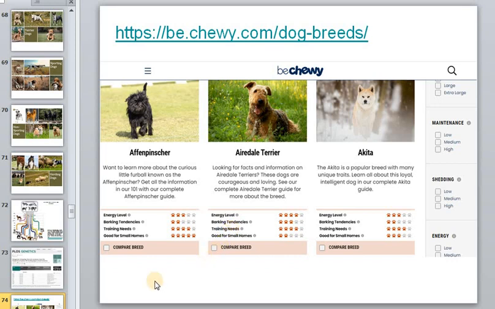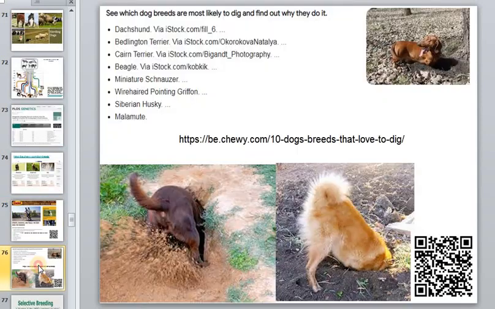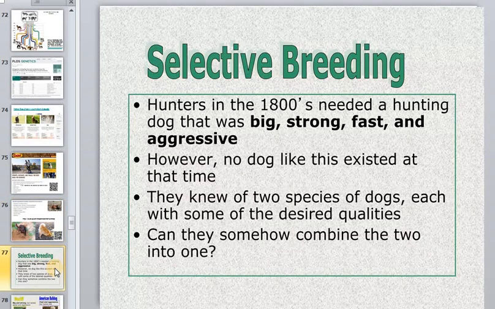If you want a very active dog, a very good runner, or, for example, a dog that just wants to dig something, you can choose the right breeds. It's selective breeding. For example, almost 200 years ago hunters needed hunting dogs that were big, strong, fast, and even aggressive.